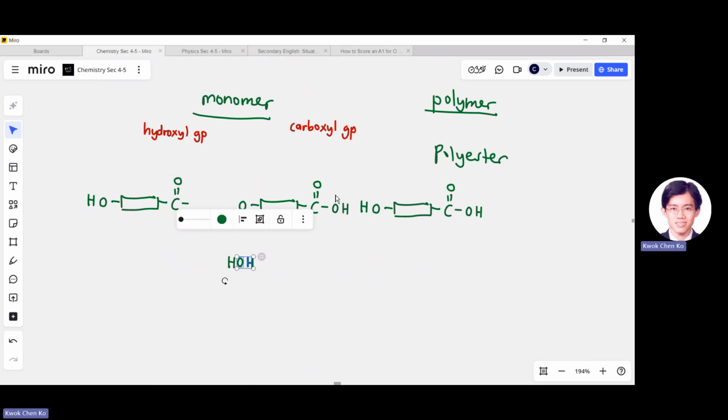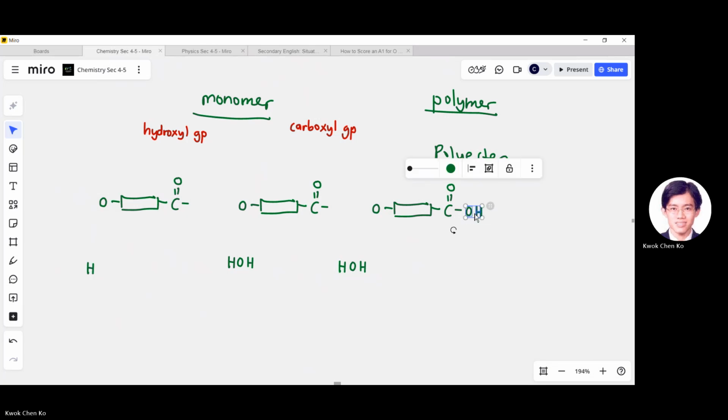Look carefully: at the carboxyl group, OH comes out. At the hydroxyl group, H comes out. Of course, you should notice this is water.